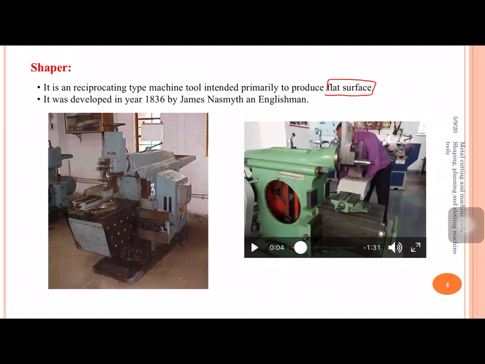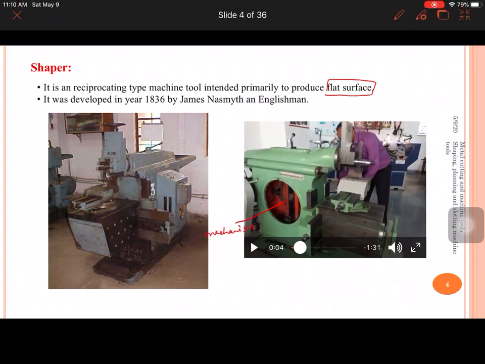And here you can see the mechanism which was utilized here, that is called the crank and slotted lever mechanism. Let me show you the video corresponding to this.